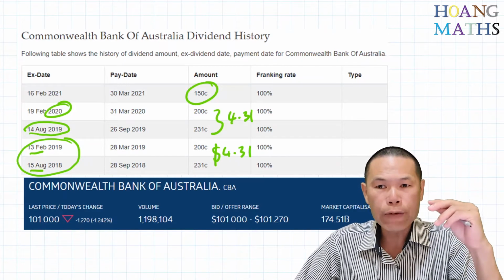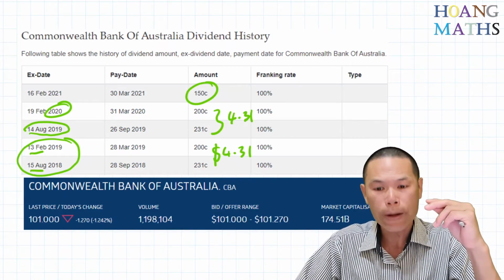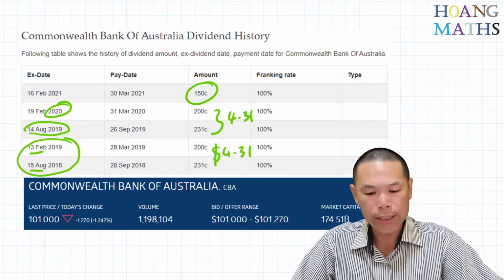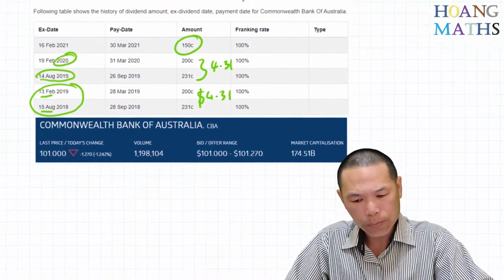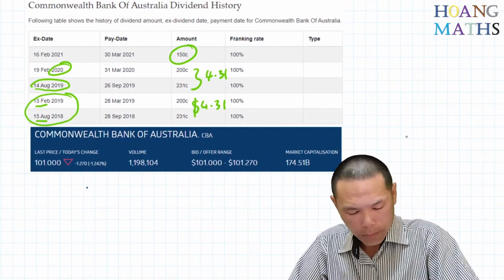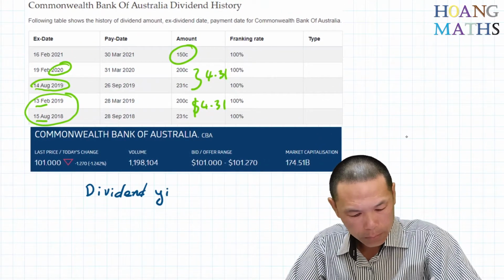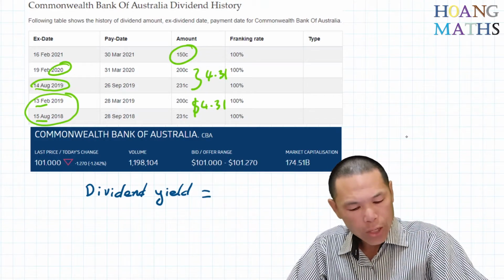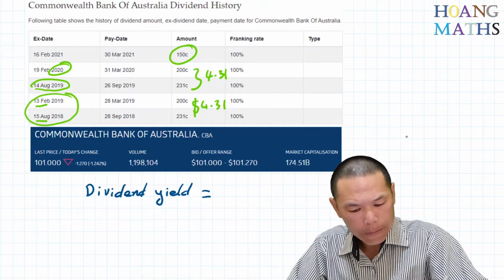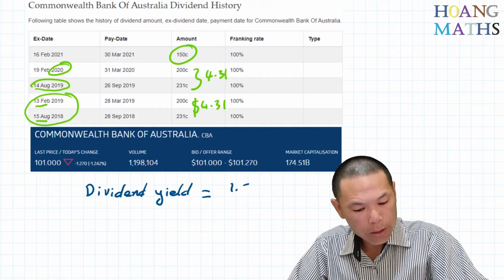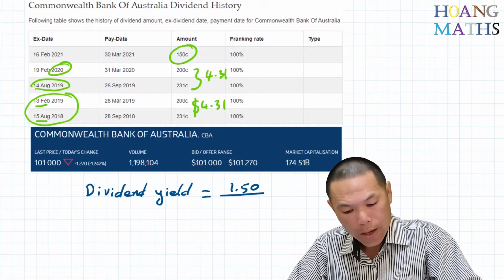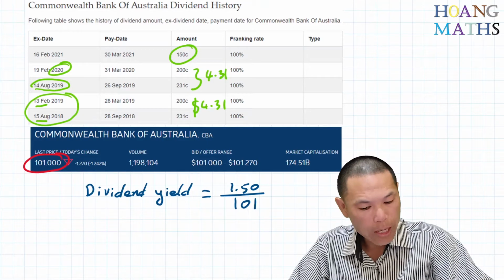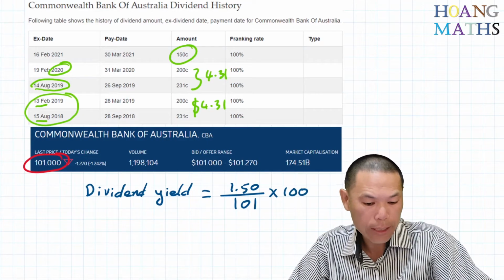To work out the dividend yield for 2021, we just use the dividend over the market share price. Let me just write it down. That is equal to the annual dividend, $1.50, over the market share price, which is $101, and we times by 100%.